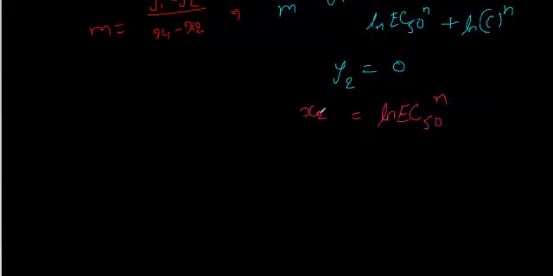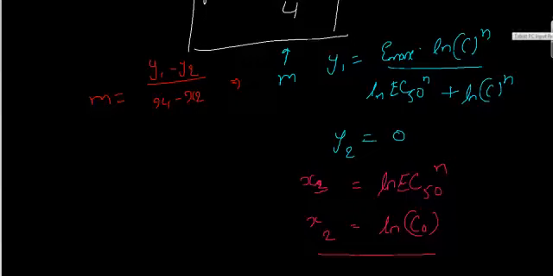And what is x2? x2 is ln of C0, the concentration when the effect is 0. Now let's put this in the equation.